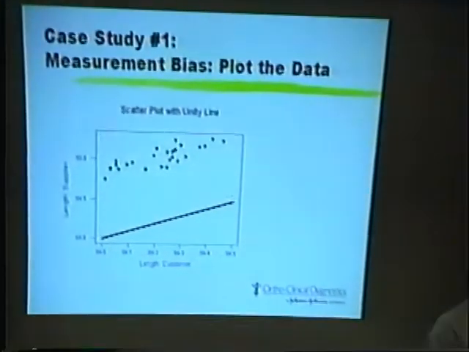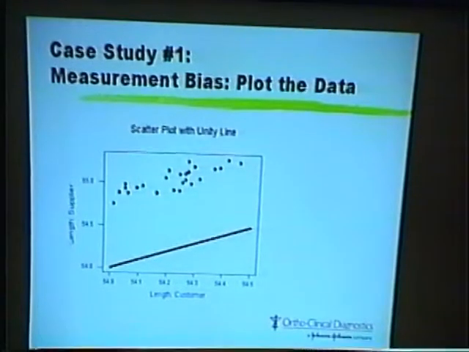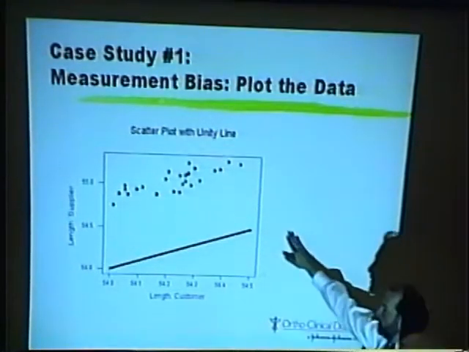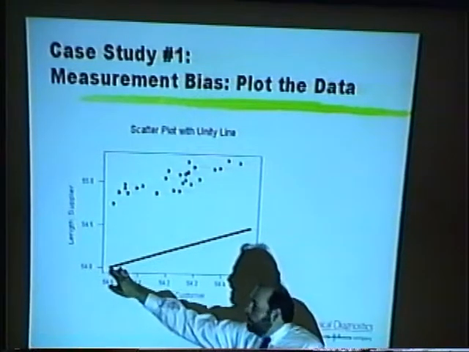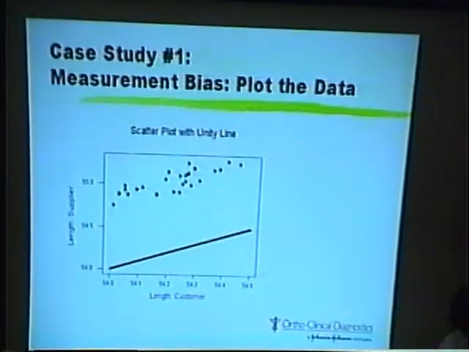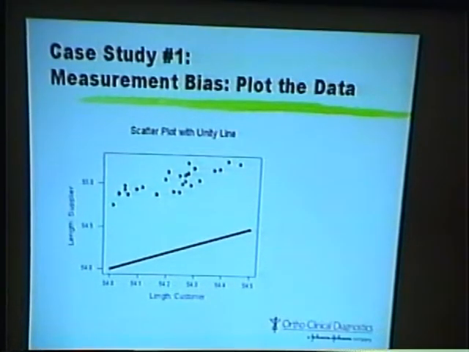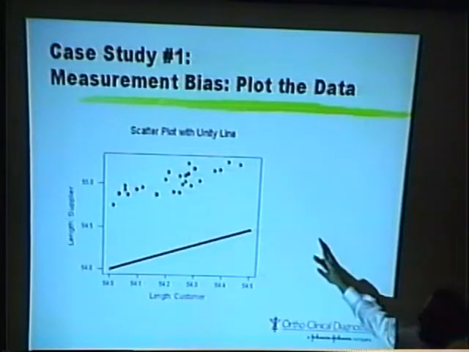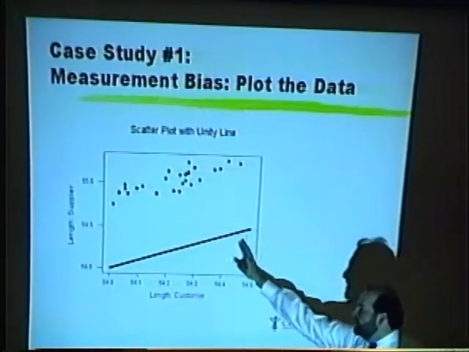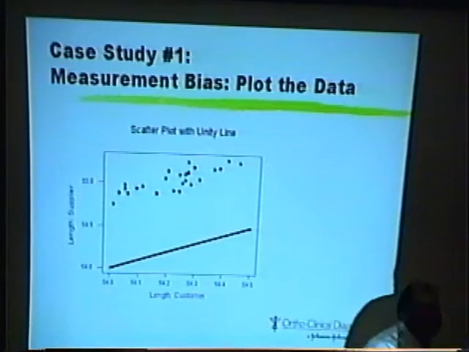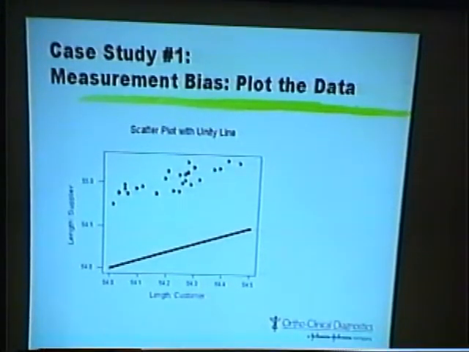Well, if we lived in a perfect world, the measurement that we obtained would agree exactly with the measurement that the supplier had made. So this unity line basically represents situations where our results agree exactly. And you can see right off the bat, without even summarizing any statistics, that we have an issue, to say the least. As you can see, in every instance, the supplier's length is larger than the customer's length, than our length is.